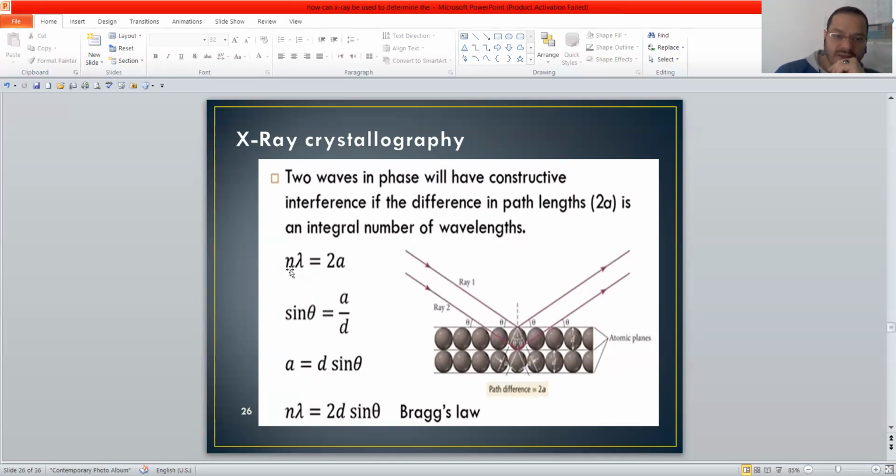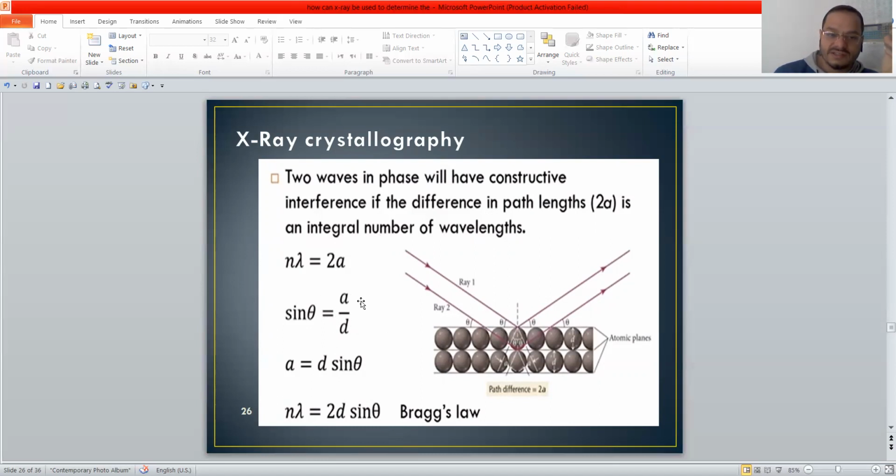Let's take a look. n lambda will be 2a. Let's see where this n lambda is coming from. n lambda equal to 2a. Okay, sine theta equals what? Sine theta equals a divided by d.